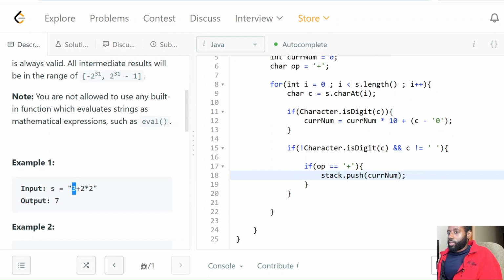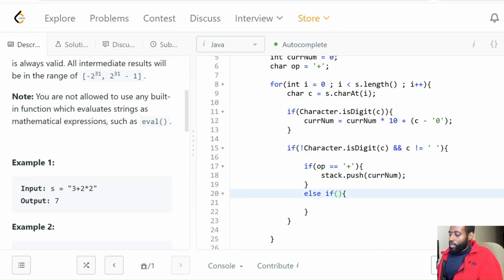So I got 3, encountered a non-digit here, and then I push whatever number it was. Initially we started off with a plus sign, so we just go ahead and push it. And then we have this other case as well.